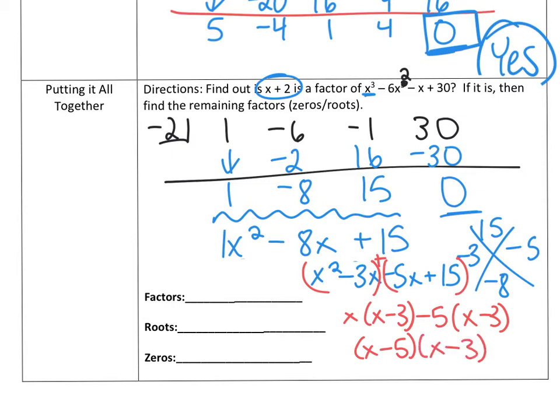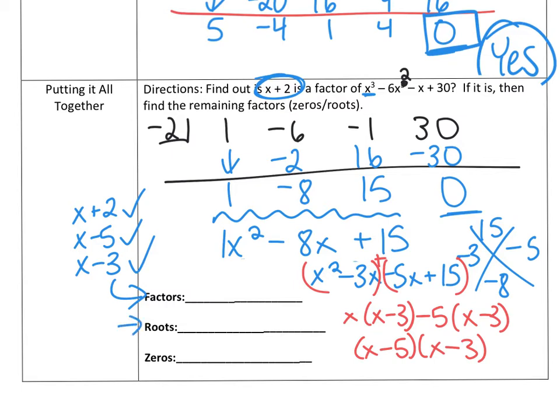That's perfect. That's ideally what I want every problem to do, because I didn't have to do the quadratic formula, which was fun. So my first factor we knew was x plus 2. It's a factor. X minus 5 is also a factor. X minus 3 is also a factor. So that's what I'd write in that blank right there. That's how I write a factor.